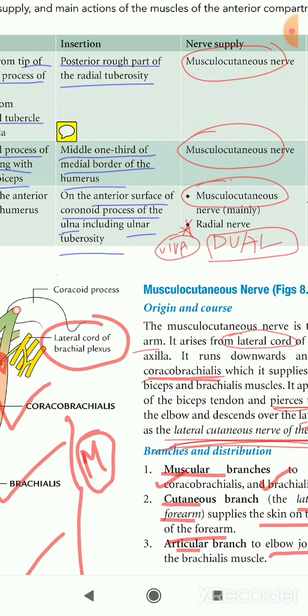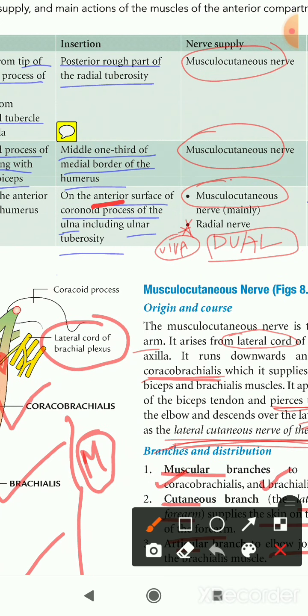Then insertion: it is inserted on the anterior surface of the coronoid process of the ulna, including the ulnar tuberosity. That means it is inserted on the ulna.